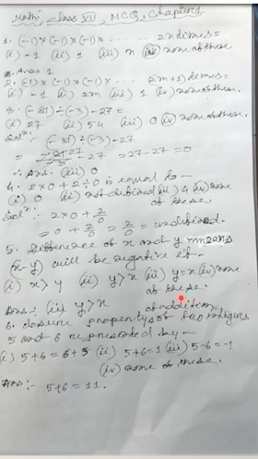Now you remember it. When x minus y will be negative? When x and y are equal, then it will be 0. x equals y, therefore same minus same equals 0.